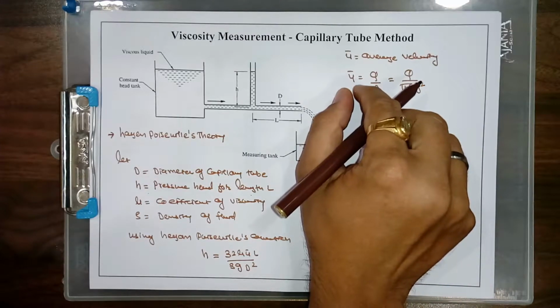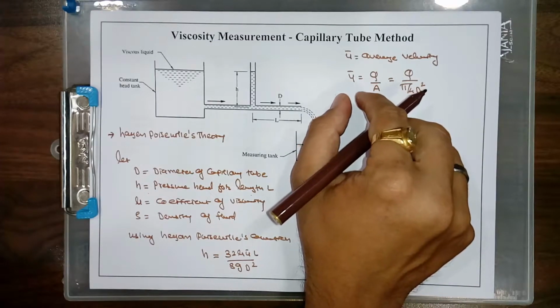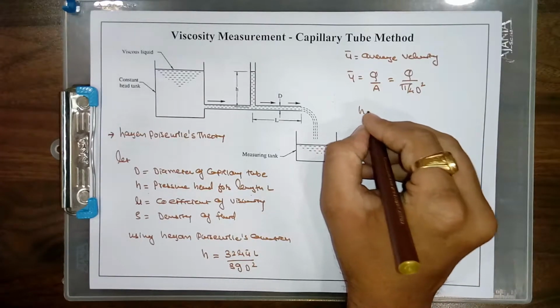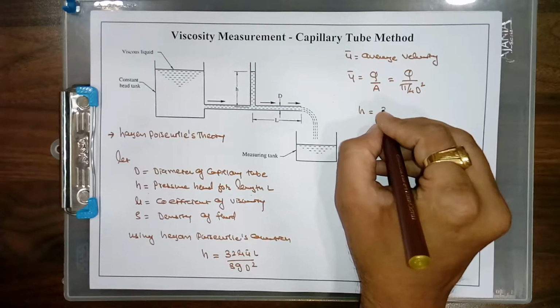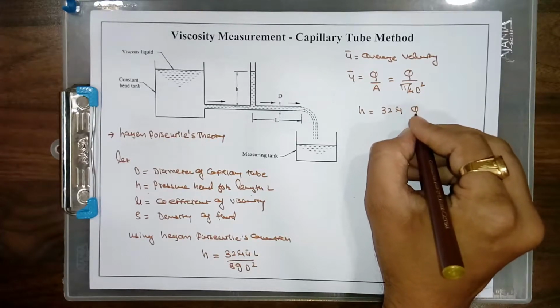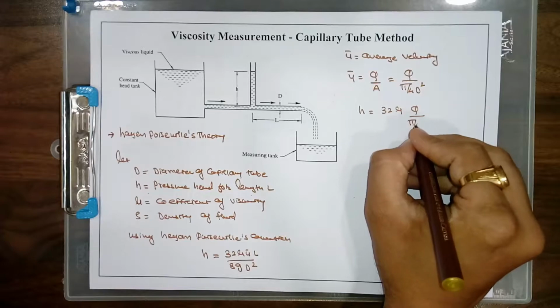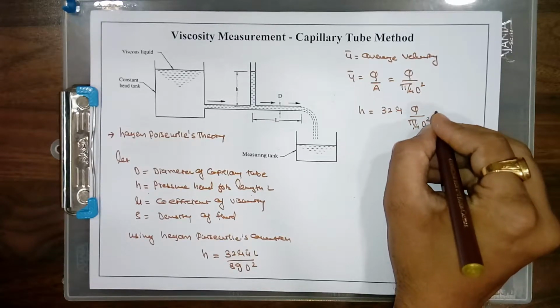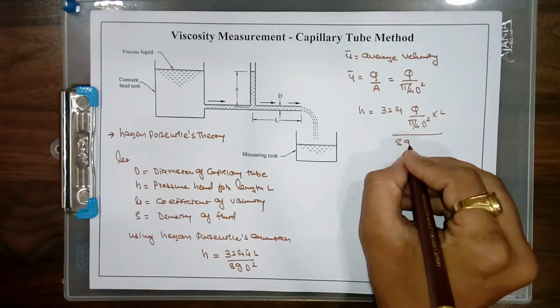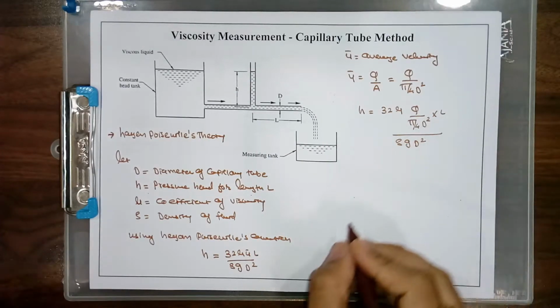Now we put the value of u_avg, that is the average velocity, in this expression. So we get h equals 32 mu into Q divided by pi by 4 d to the power 2, into L, whole divided by rho g into d to the power 2.